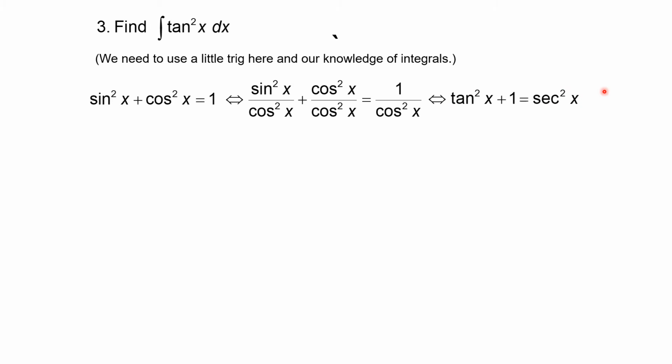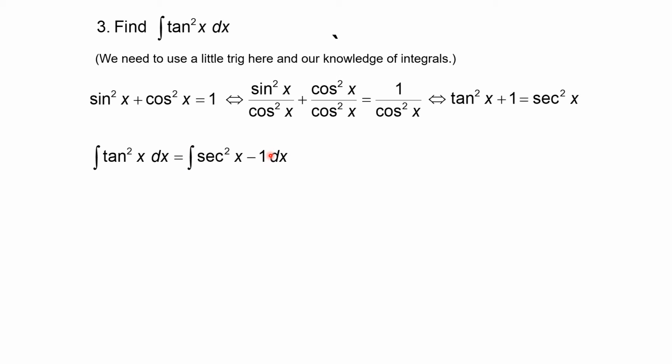And we are aware of this identity. This identity is also provided in the formula list for the exam, so you don't need to derive it. I'm just showing you as a form of knowledge. So when you can't integrate tangent square, but you know that you can integrate secant square, you can use this identity to get tangent square as secant square x minus 1.